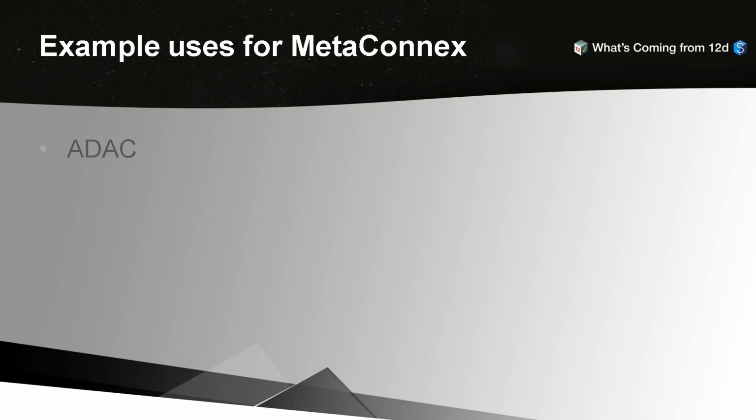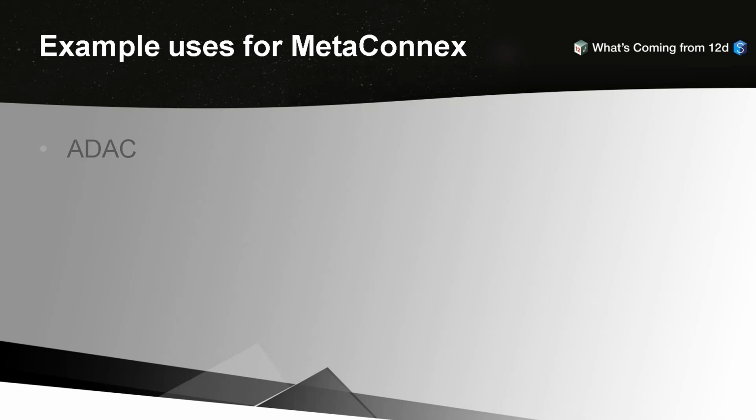There's also been some testing done with some BIM data, with Transport for New South Wales. It's also been used on ASPEC data. Also some systems in New Zealand have been using MetaConnex to attribute their data.